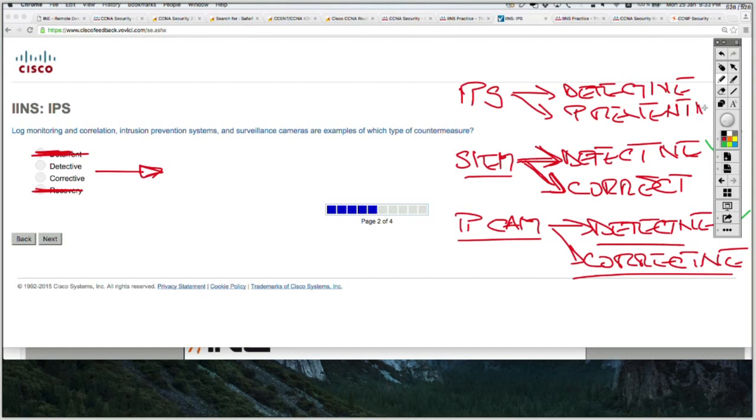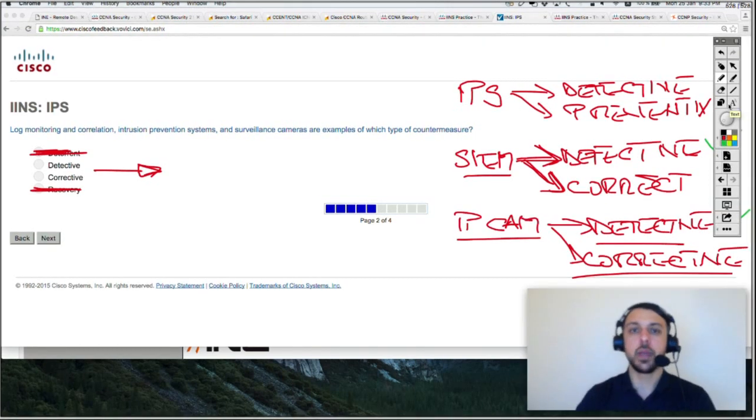But it can optionally be likewise corrective if deployed with other solutions. So because all of them, IPS, the SIEM and the IP camera surveillance system, are primarily focused on detection, and they can also do correction, but only if they are integrated with other security solutions, it makes sense that the answer is detective and not corrective.